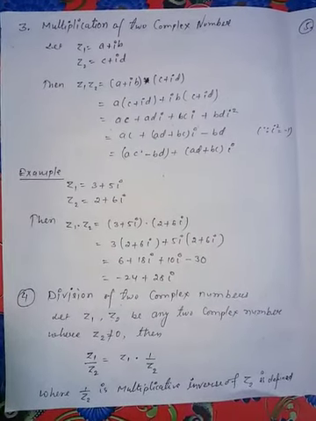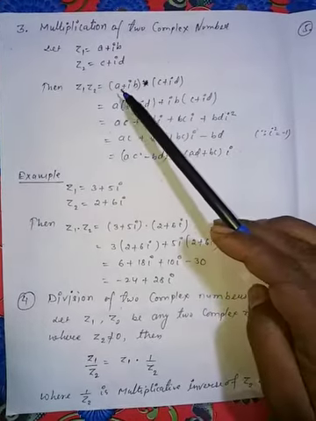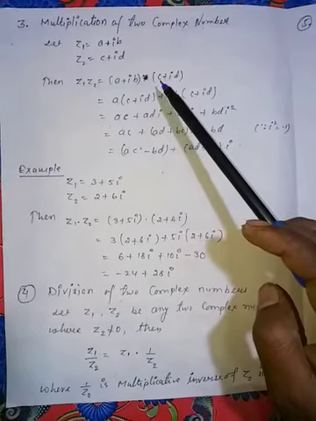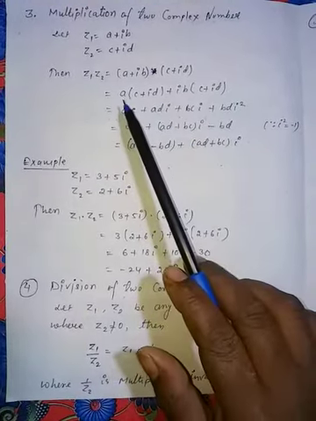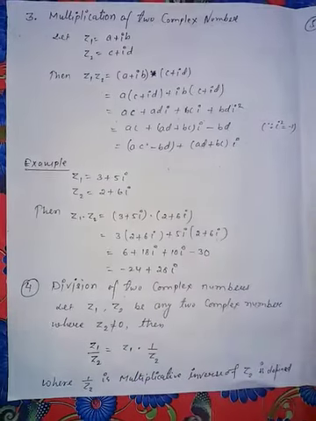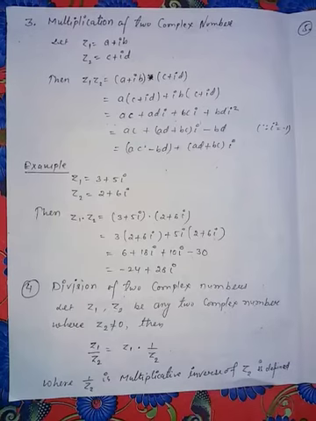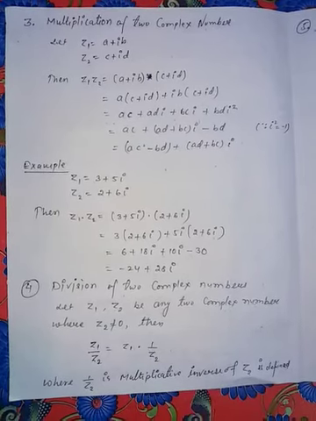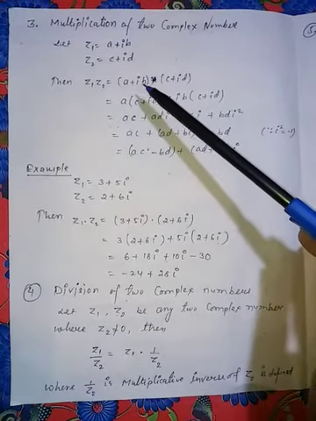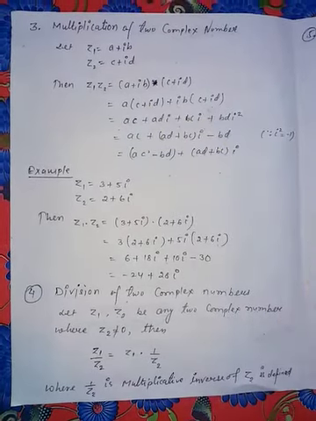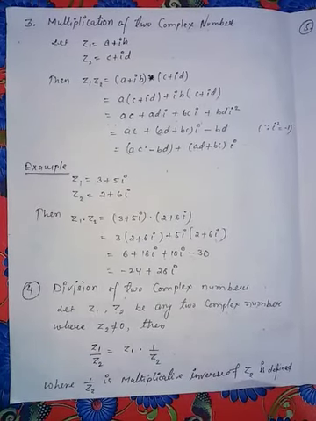We multiply as usual, multiply a with second bracket, that is a into c plus id plus ib into second bracket c plus id.